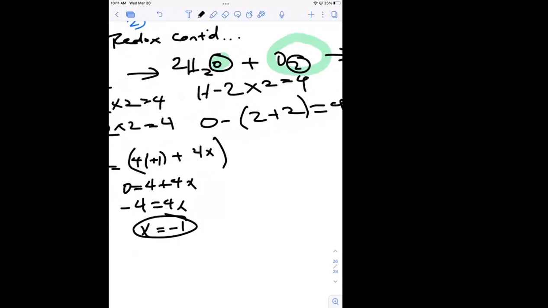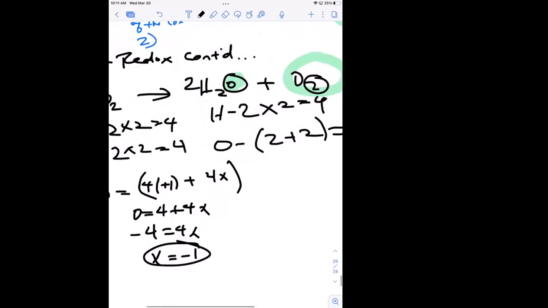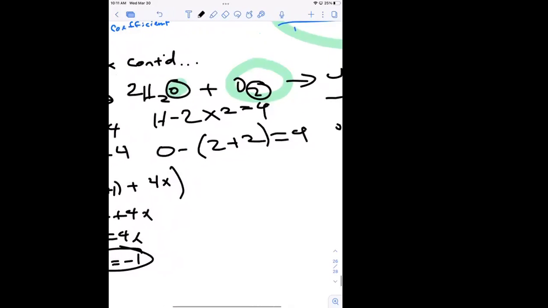But let's look at the oxygen in water, right? So again, if we take the hydrogens, so we have 4 hydrogens, so 4 times +1, and then plus 2x, is that right? And we're going to set that equal to 0.